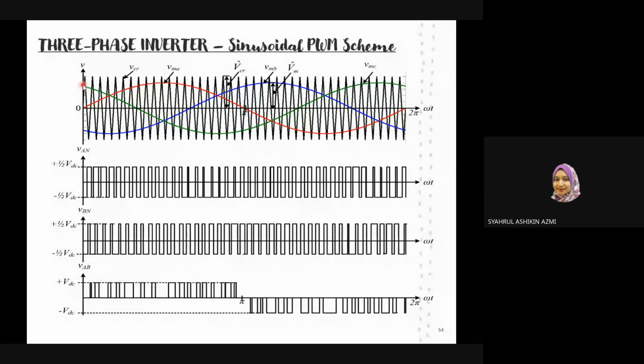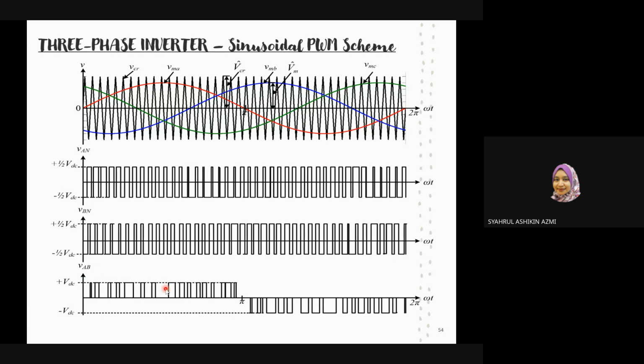Okay, as usual, at every intersection point there will be an output. So these are the output waveforms. This is VAN, the phase voltage, VBN, and VAB is the line-to-line voltage.